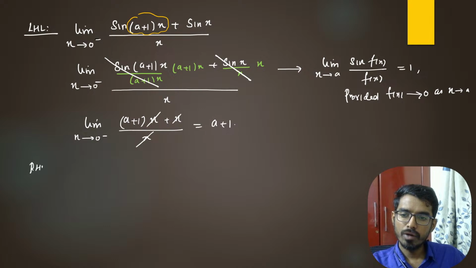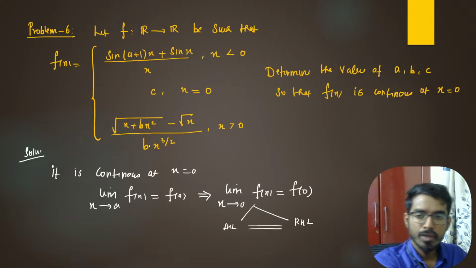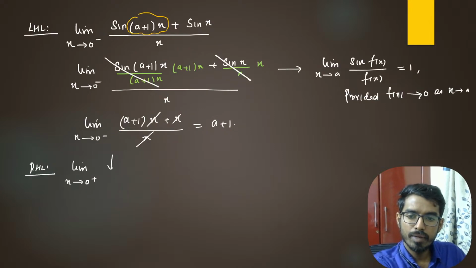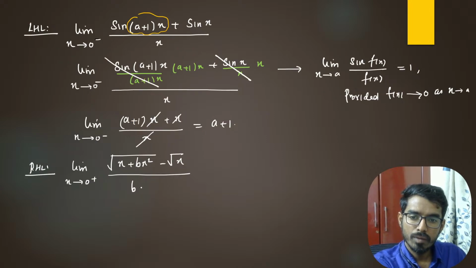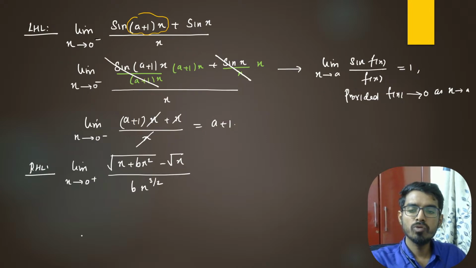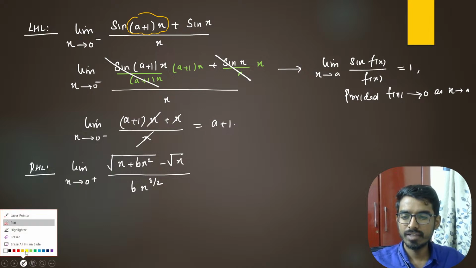Now similarly we will find the right hand limit. So the right hand limit is limit x tending to 0 plus of the right hand function: root of x plus bx square minus root x, divided by b into x power 3 by 2. So whenever you see this, you just have to rationalize this.